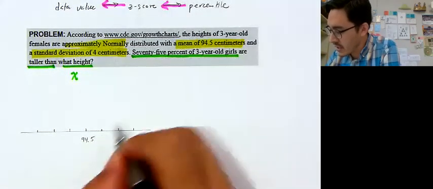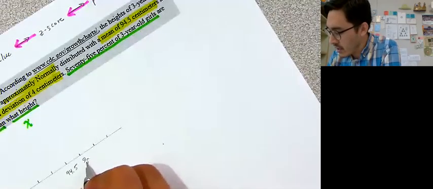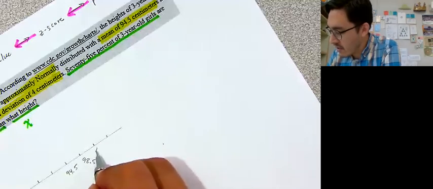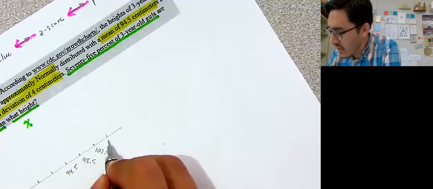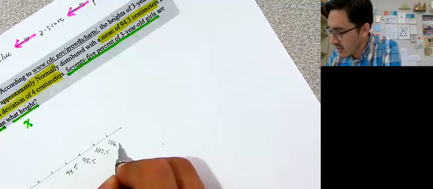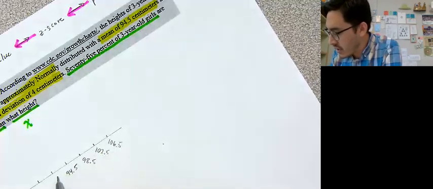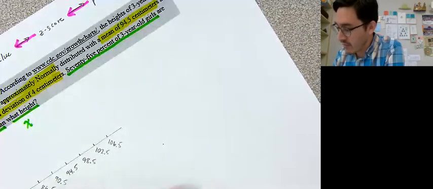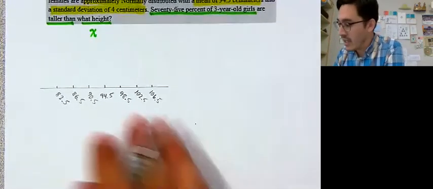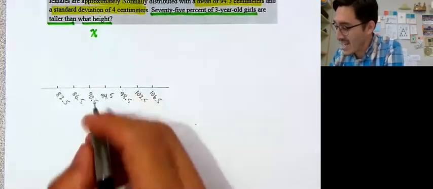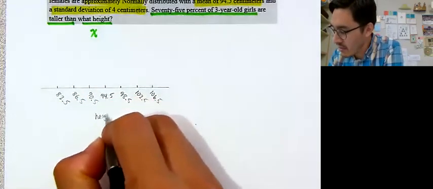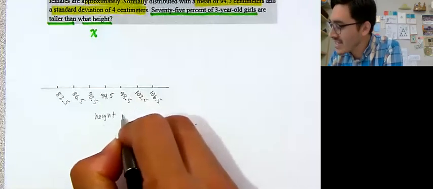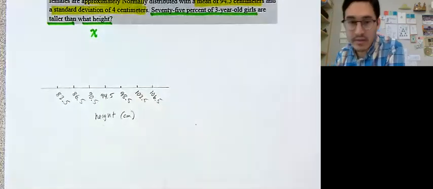So this would be 98.5, 102.5, 106.5. This would be 90.5, 86.5, and then 82.5. Okay. And then these numbers here represent the heights. That's our variable, measured in centimeters. That's our units.